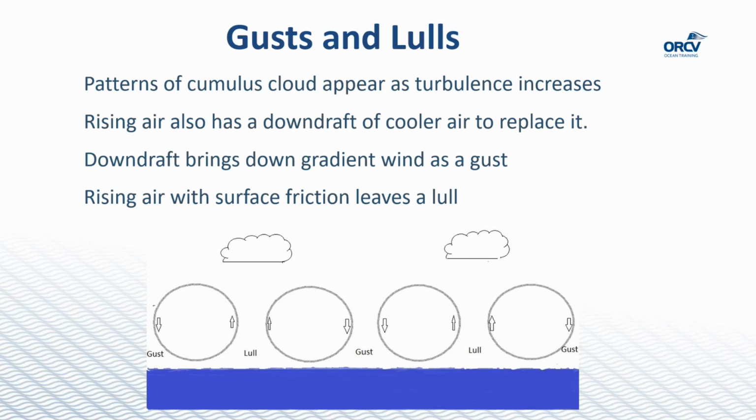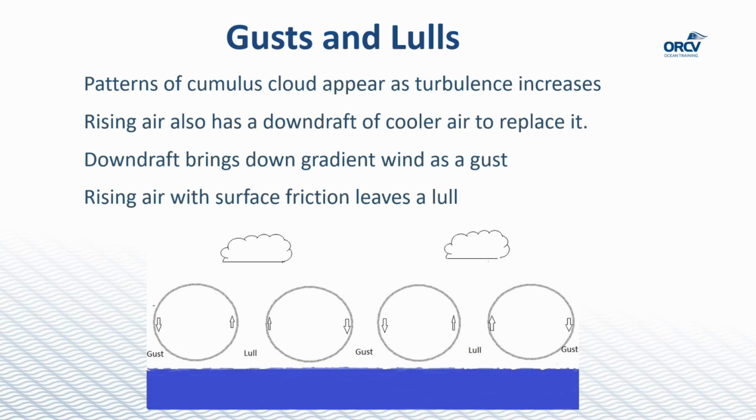Where the air rises, there is a great reduction in wind. Where the air comes down, as it comes down, it experiences friction and it veers. So you get different directions either side with the clouds.